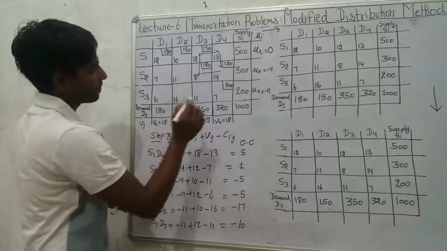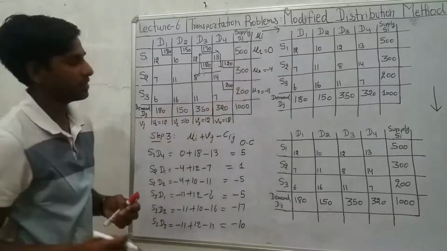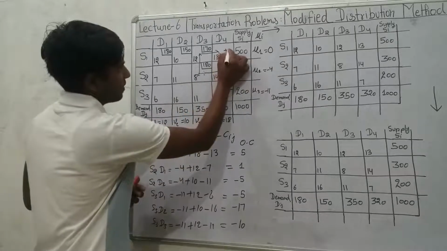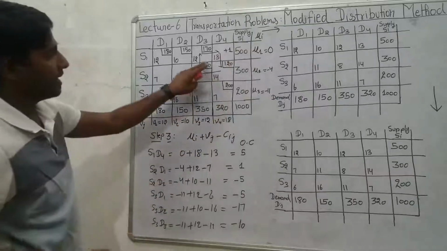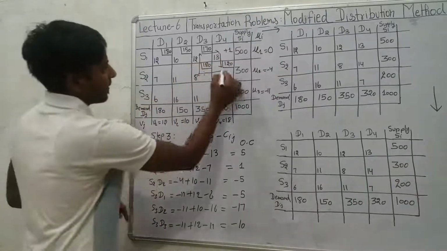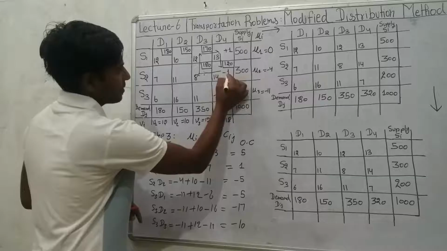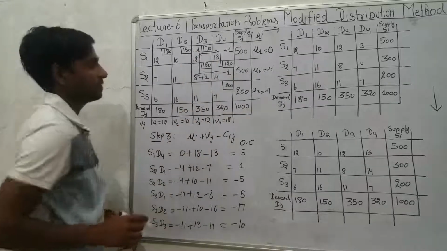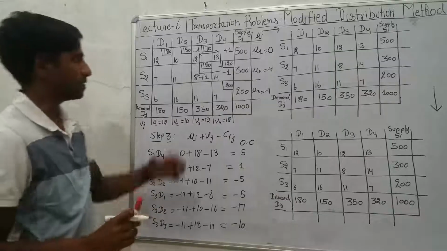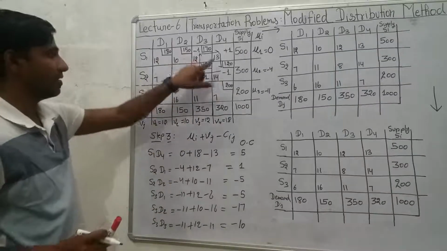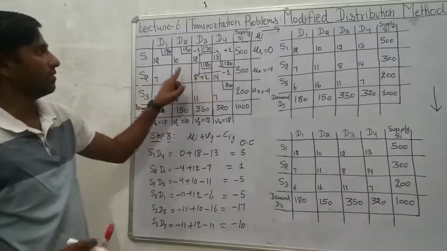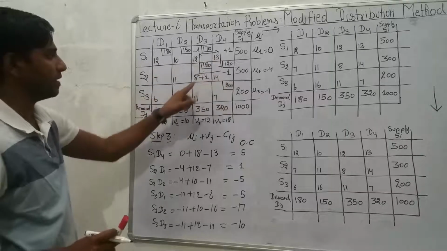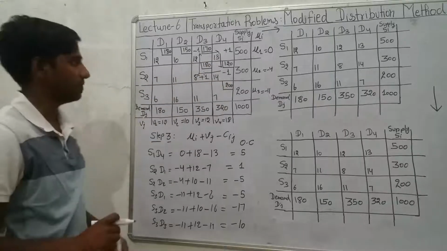So in this way, the cell from where we have started, we put a positive sign. It means we are assigning one value, and to the next cell -1, to the next +1 and -1. So if you remember the rules of tracing a closed loop, then you can understand very easily why I have written here +1, -1, +1 and -1.